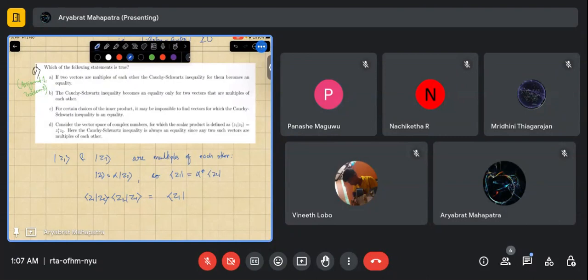For this Z2, I can write from here 1 by alpha Z1, and this Z2 is taken inner product again with the same, alpha Z1.